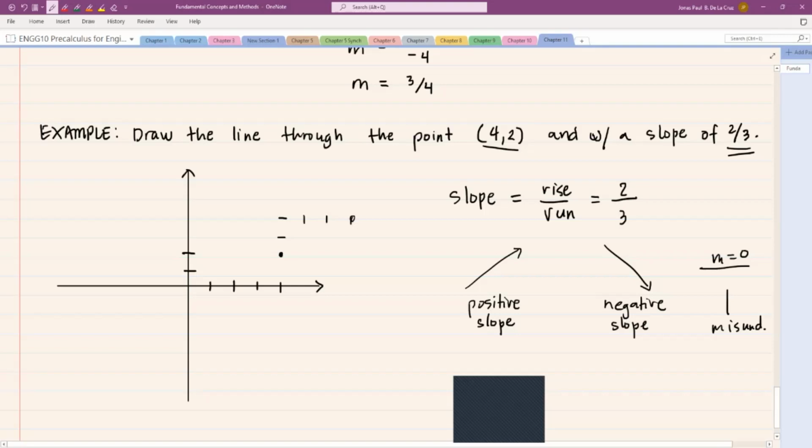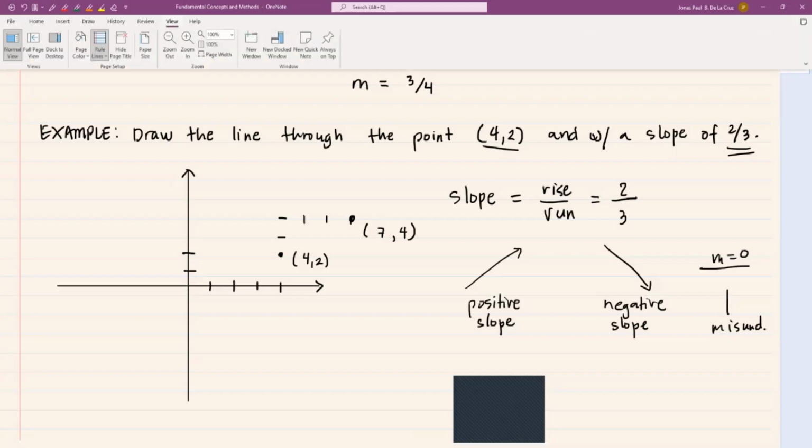So nandito yung third point natin. So if this is our first point, for example, this is 4, 2, tumaas tayo ng dalawa. So ang y coordinate na nito ay 4. Ang kanyang x coordinate ay nag-add tayo ng 3, 7, 4 na yung second na point. And then connect the point.